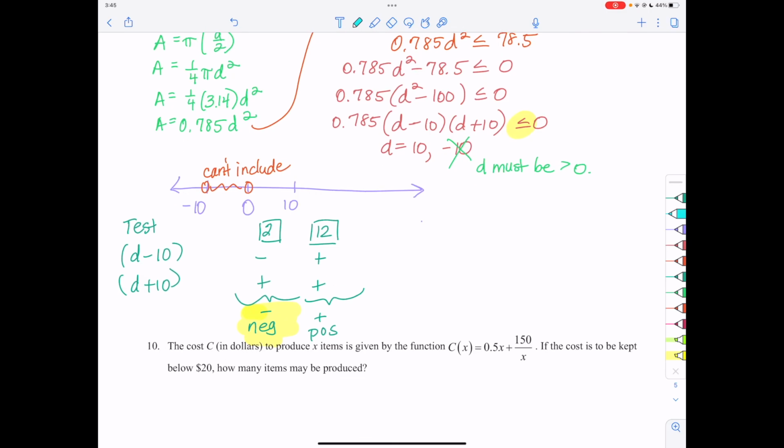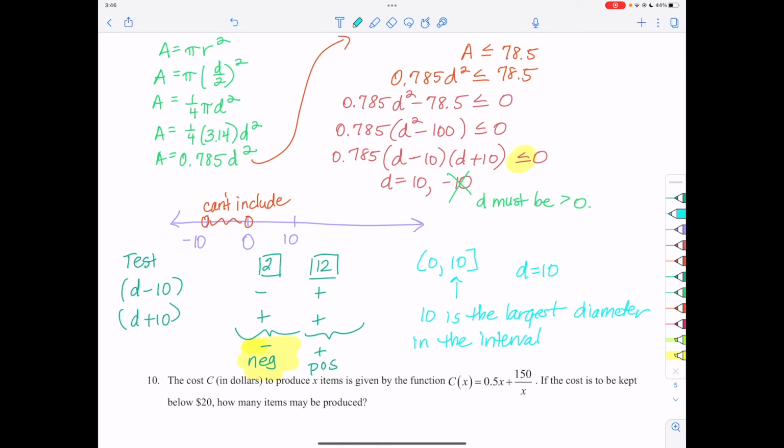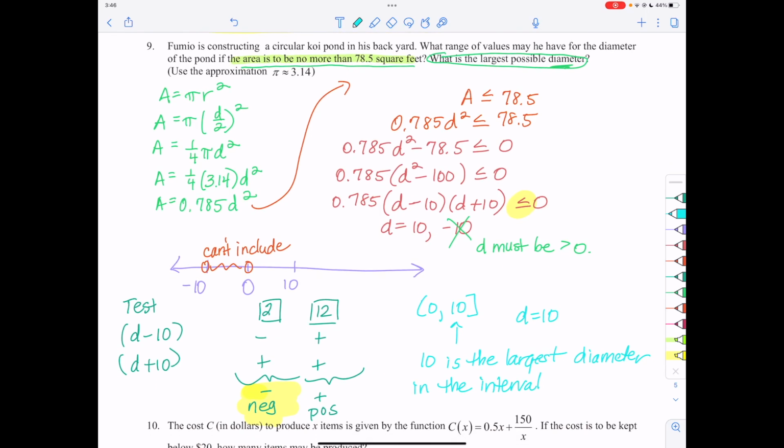So the interval we want is 0 to 10, and 10 is the largest diameter in the interval. So we would have d equal to 10 feet.